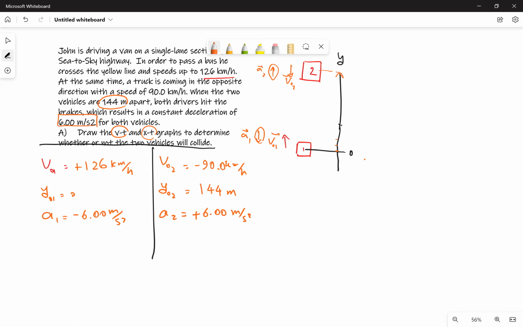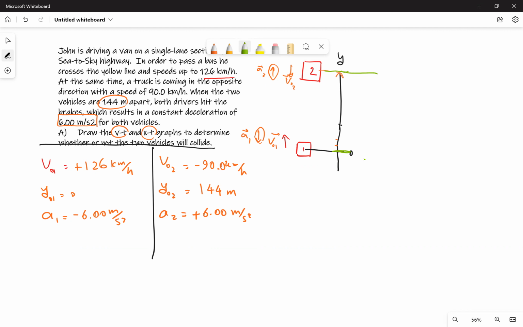So one strategy that we talked about in class, when I moved around and looked at each group's solution, was that even if you want to know whether they collide or not, you don't need to necessarily draw the position-time graph and velocity-time graph. What you can do is figure out the stopping distance for both of the vehicles based on the initial conditions that they have.